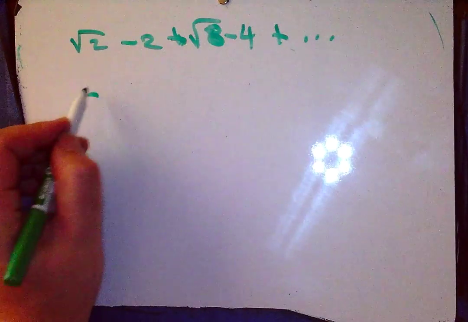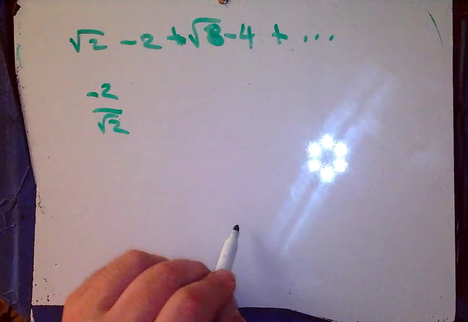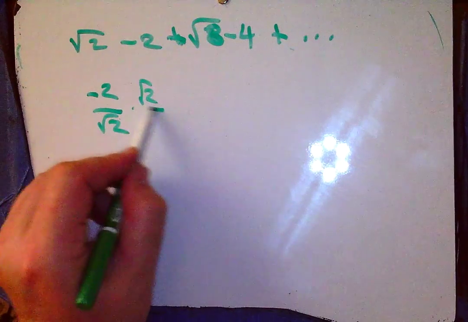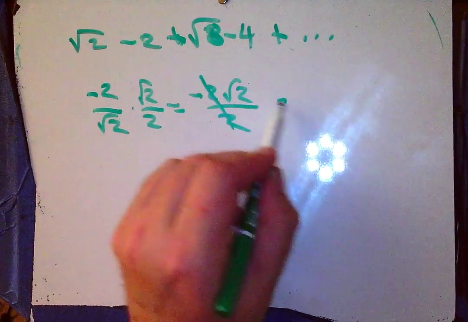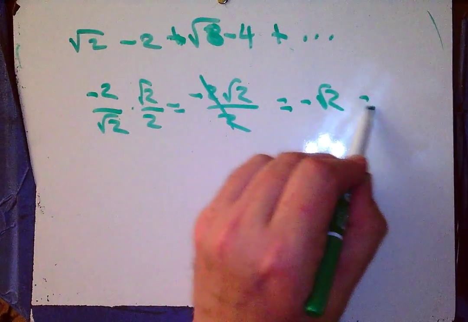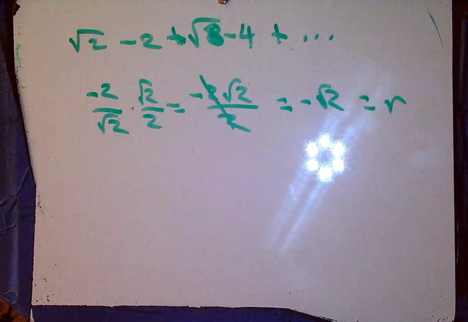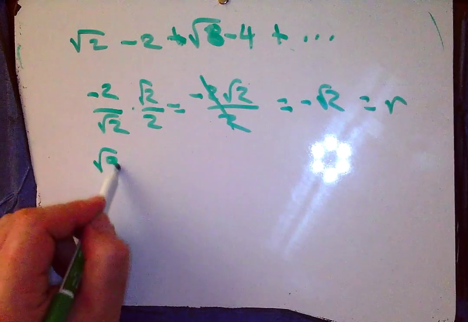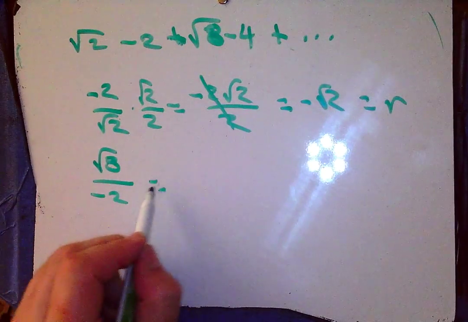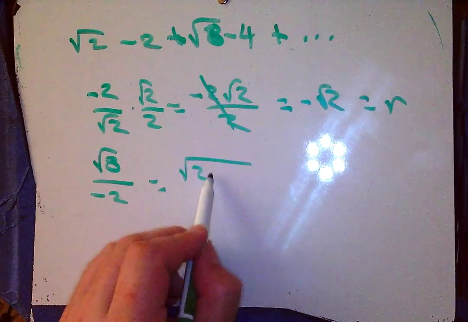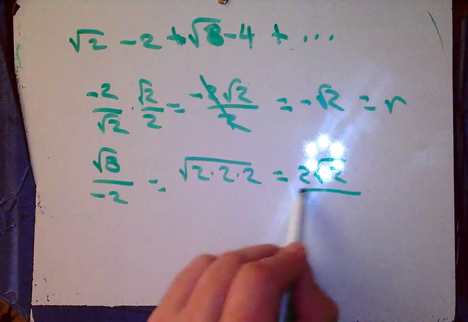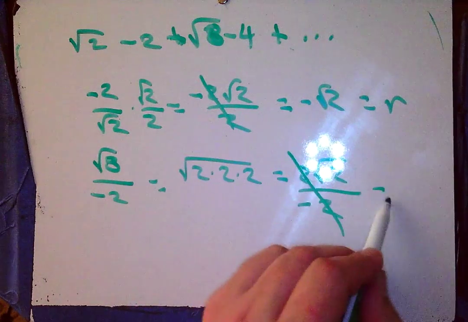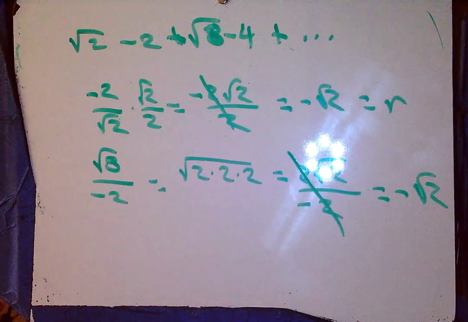So if I do -2 divided by root 2, and then I rationalize, I have -2 root 2 over 2, or -√2 equals my r value. Let's confirm that by doing square root of 8 divided by -2. Remember, square root of 8 is 2 root 2, so we've got 2 root 2 over -2, or -√2 for our r value.